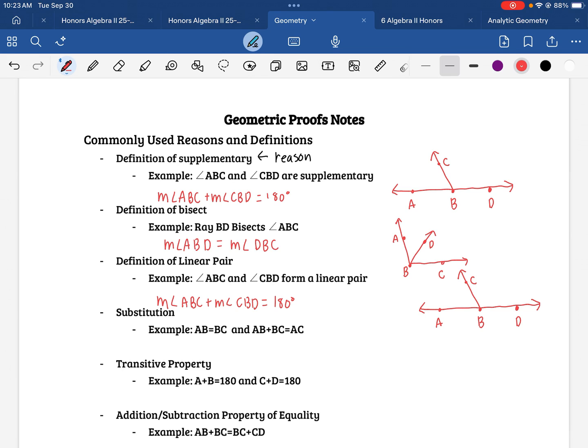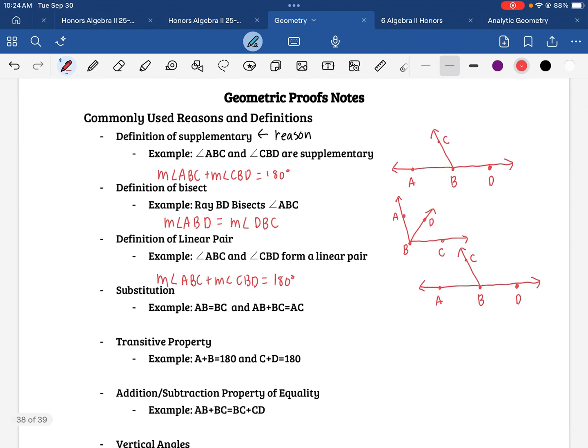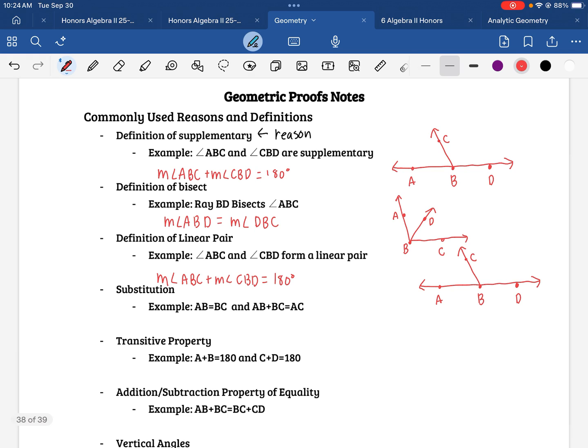Okay. The next thing we're going to talk about is substitution. If we know that AB equals BC, and we know that AB plus BC equals AC, substitution says we can sub in one or both of those pieces. So AB equals BC, so I'm going to change AB into BC. So BC plus BC equals AC.